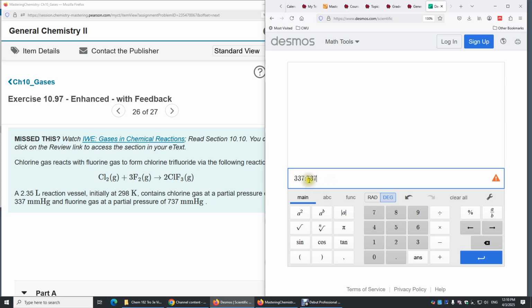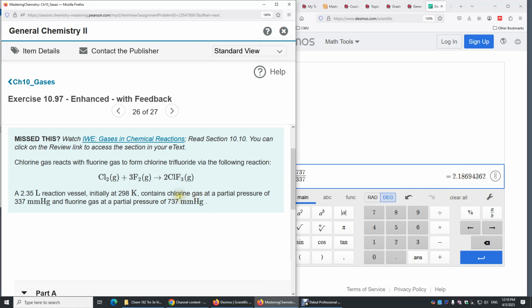So we'll flip this too, and we get 2.2. So the ratio between chlorine and fluorine is only 2.2, less than 3. What does that mean? That means the fluorine gas is the limiting reactant.